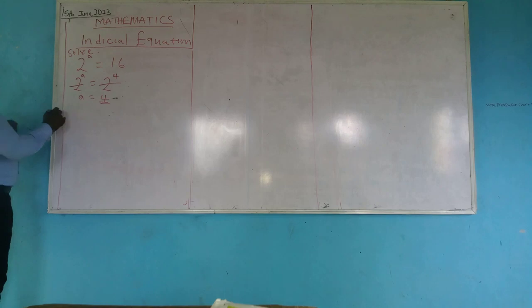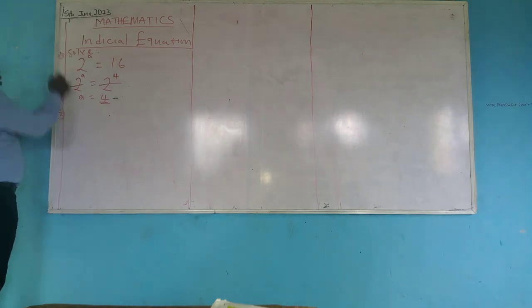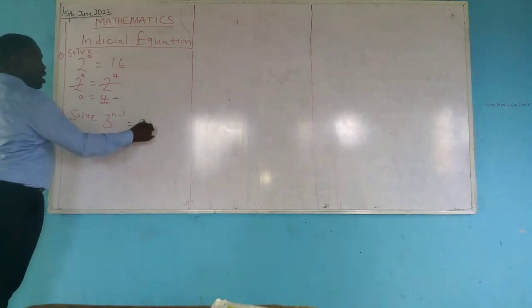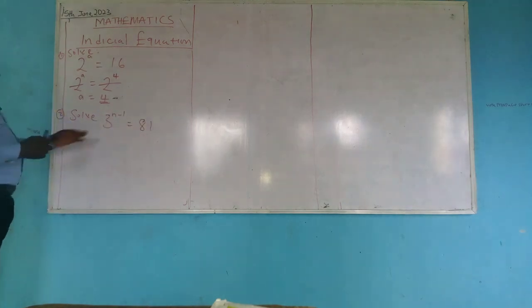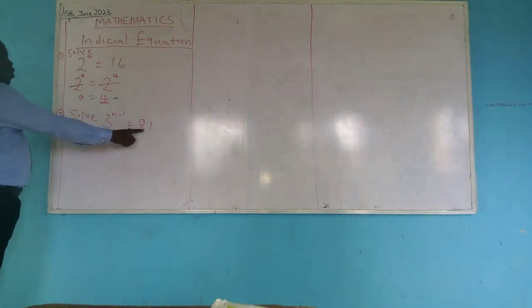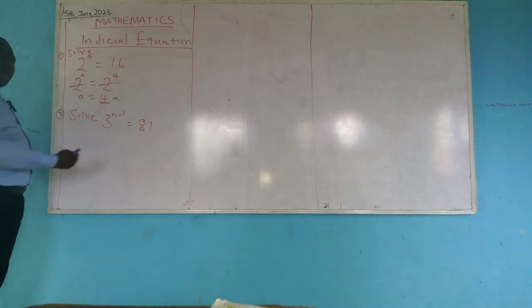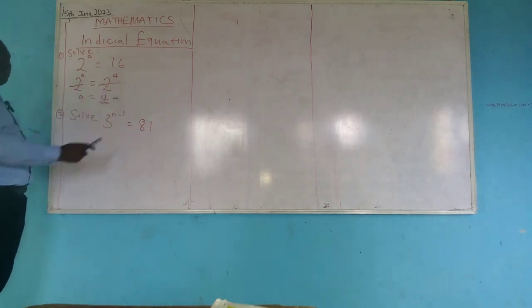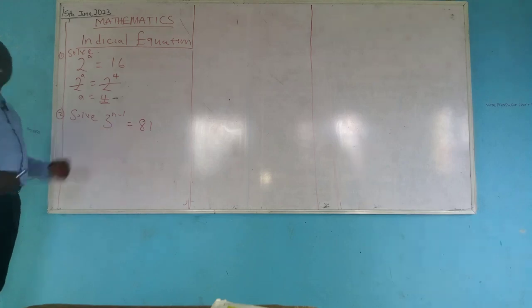Look at this again. Number 2. Let's assume you are asked to solve something like this, and here you have 81. And the question is, you're looking for n. Now to solve for n, I know that this is 81. I ask myself, is there a way I can raise this base to an exponent that will be equivalent to what I have here?